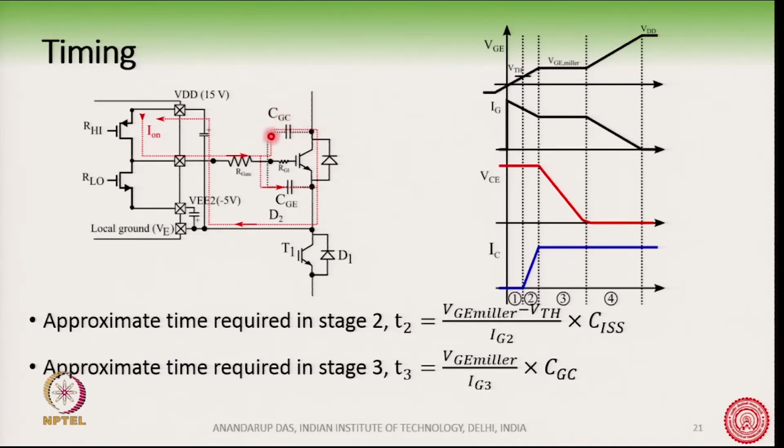The entire effort is utilized in order to discharge the CGC. So, this time T3 into Ig3 is the total charge, which will be equal to VG Miller into CGC. So, that much charge will be required from the gate driver board. From this we will approximately get these values, again a very crude approximation.